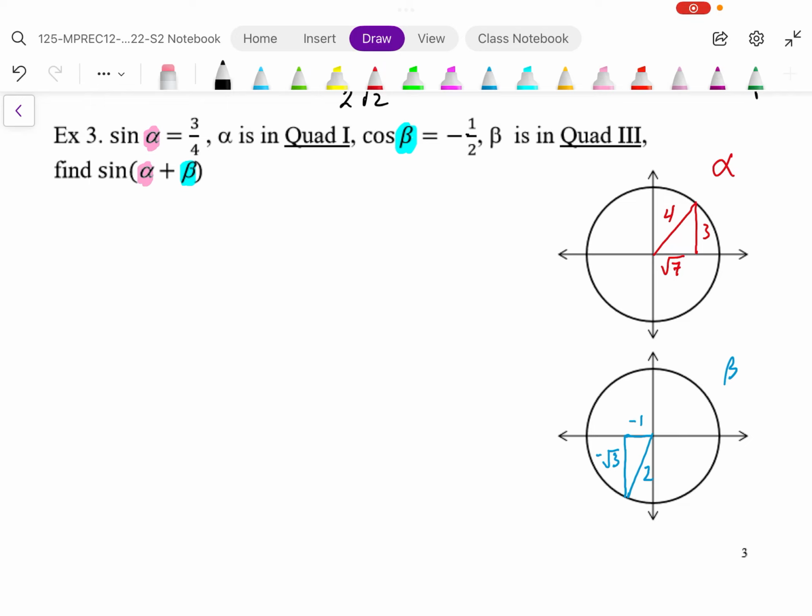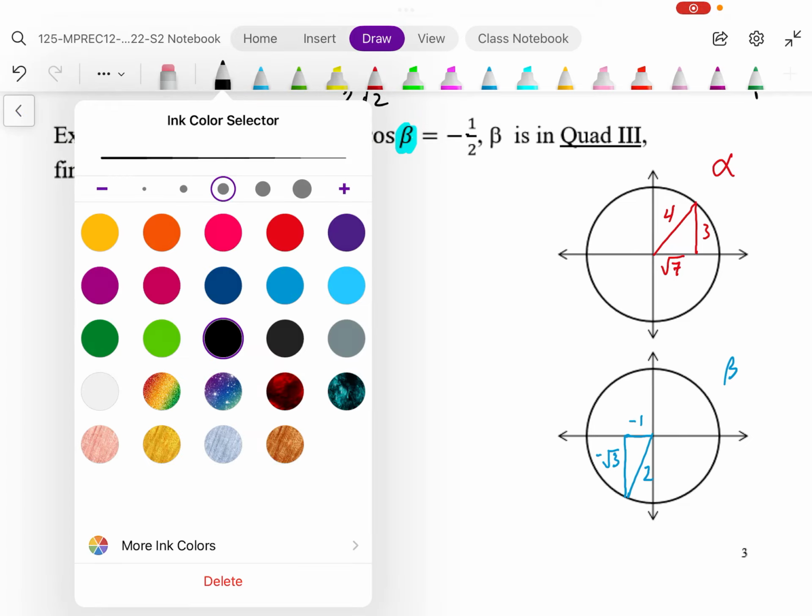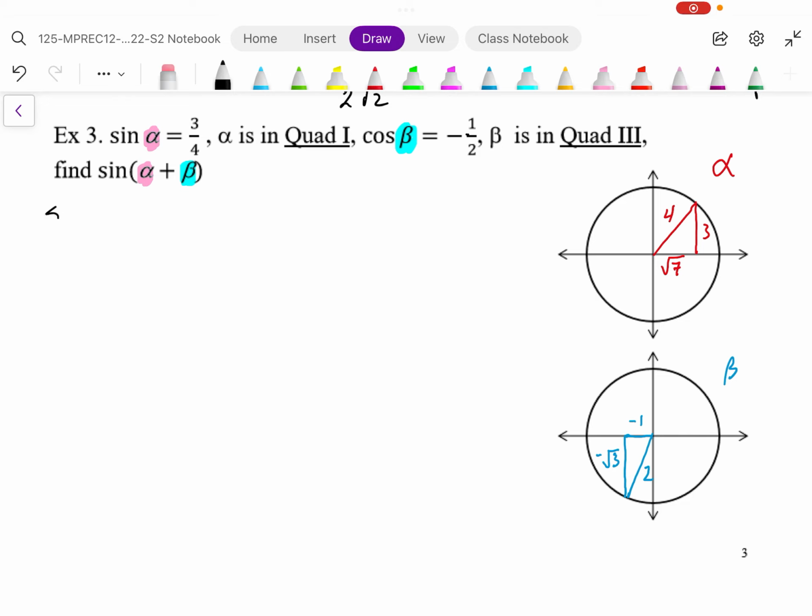And when we see sine alpha plus beta, we want to go straight to our formula. So sine of alpha plus beta.